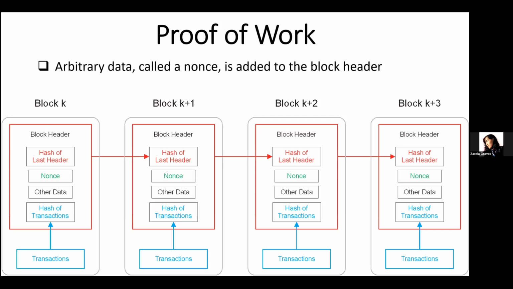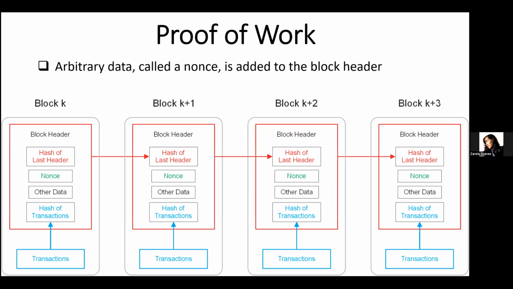A nonce is something that can take on any value and the block still be valid. It could be random data. It can count 1, 2, 3. It's just a chunk of data, and it's there only for one purpose.